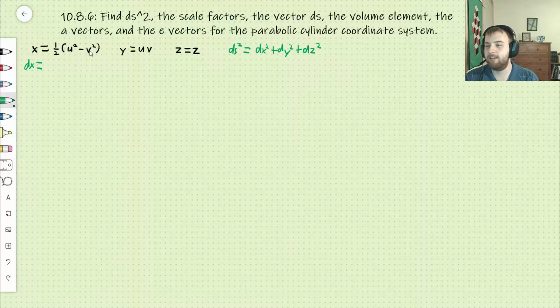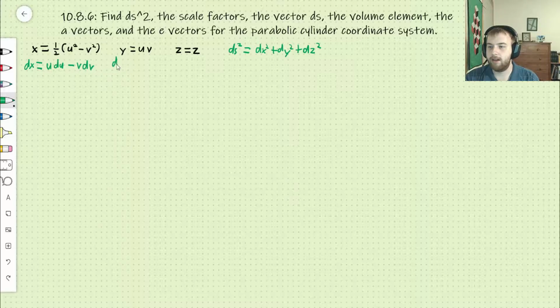And same with this, it's going to be negative 2v dv. Since we're not doing the derivative with respect to anything, we're definitely not doing it with respect to itself, we need the extra differentials. So u du minus v dv.